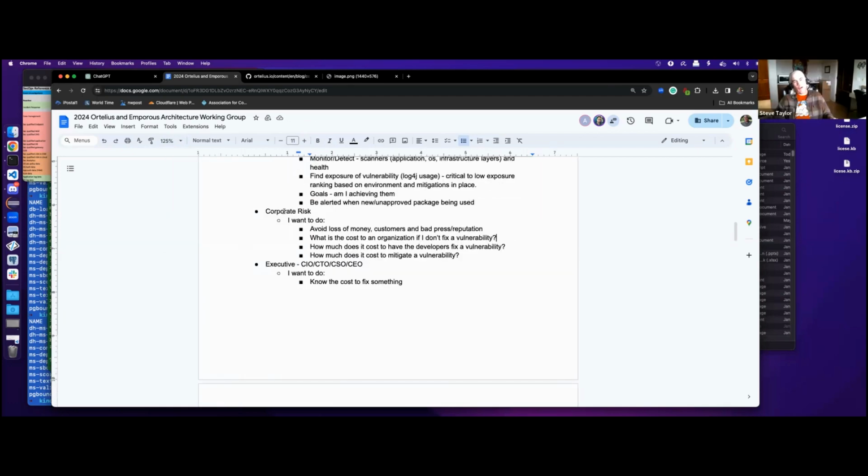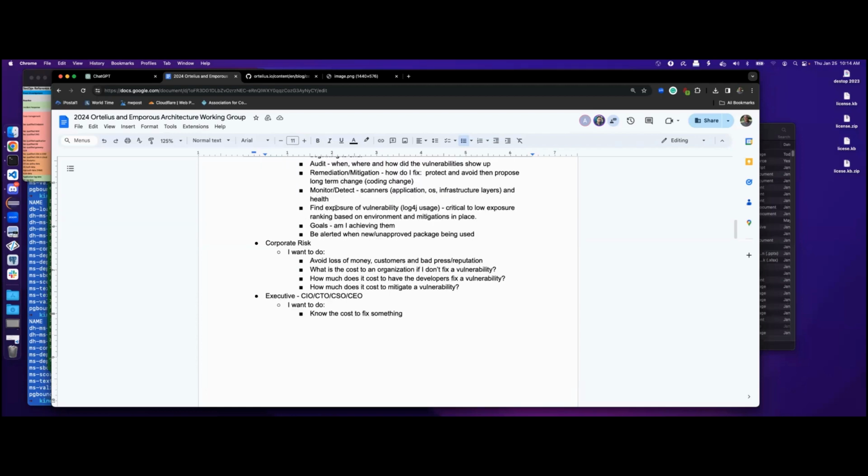I don't know if that's a corporate thing. I always associate corporate risk with a dollar amount. That's the way they think on that front, is my thought of a corporate risk person. I don't know if that's true or not. I have worked with a few finance risk guys.